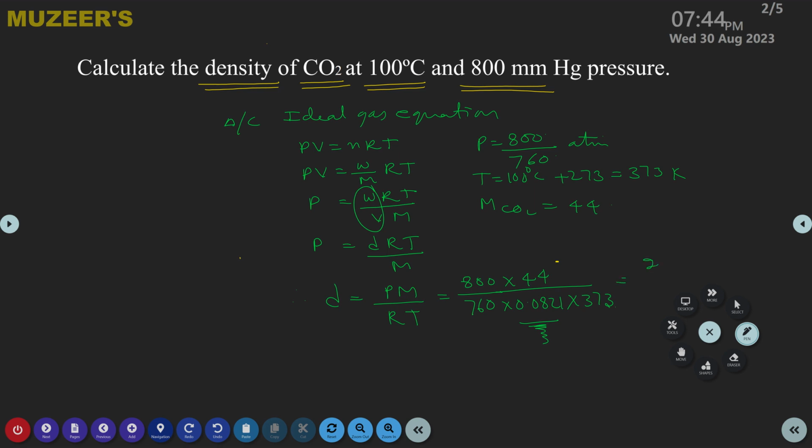Here density units gram per liter, not milliliter. Okay. Not gram per cc, gram per liter. So how much? Do it. Do your own. Okay, completed.